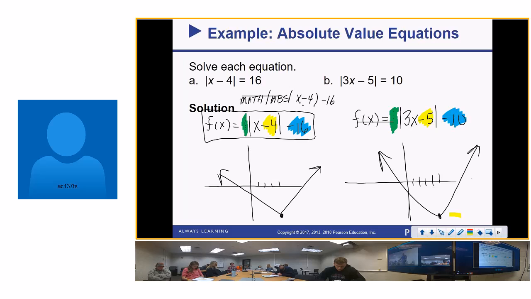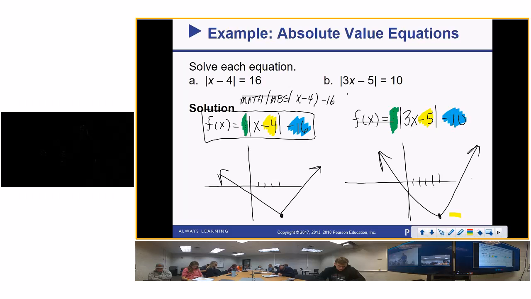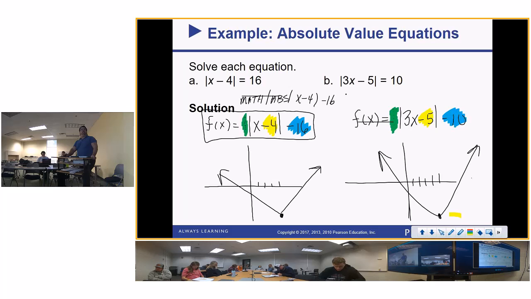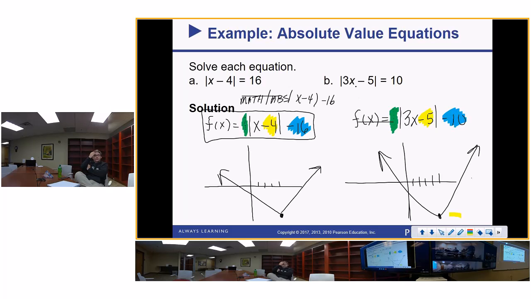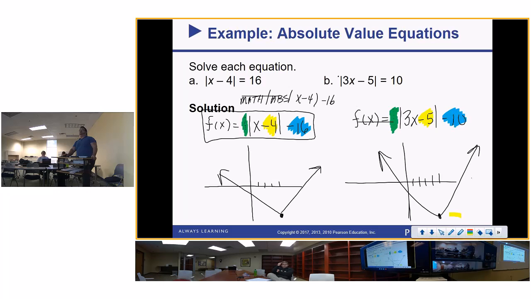Why do we use the 3 on part B of the absolute value? Oh yeah, you would have to factor that out. I forgot. It would be 3. You'd have to factor it out, and that'd be 5/3. You're right, thank you. I didn't even notice the 3. Let me fix that.